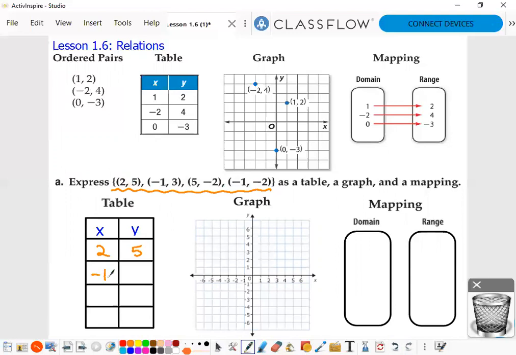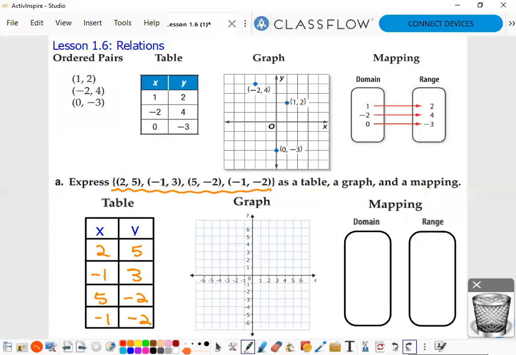Now I'm going to just go right on down. -1, 3, 5, -2, and -1, -2. Again, I'm just taking the points from our set of ordered pairs. So -1, 3 is on the table as -1, 3. That's how they all get filled in there.